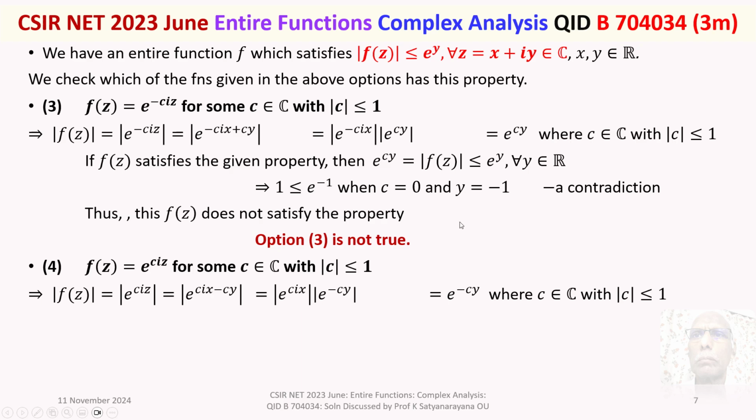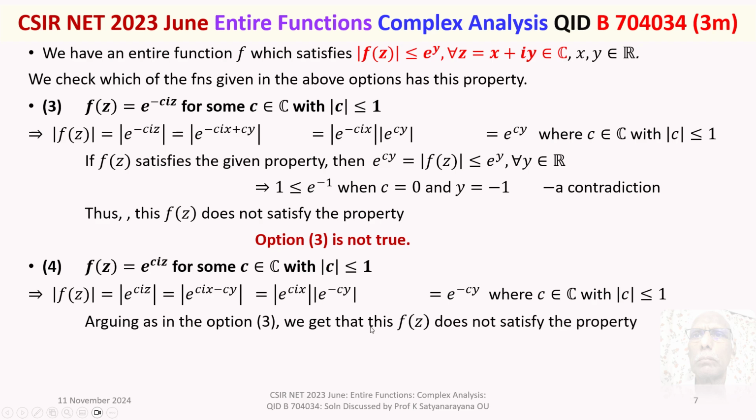Now, do the same thing as in your earlier case, then you will get a contradiction, and that will tell you that f(z) does not satisfy the given property. So, arguing as in option 3, we get that this function f(z) does not satisfy the property.